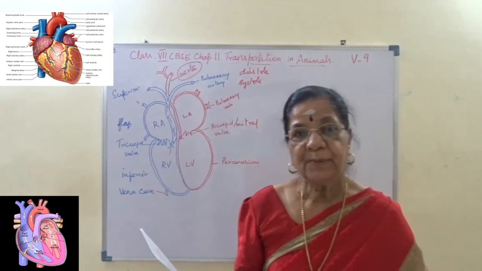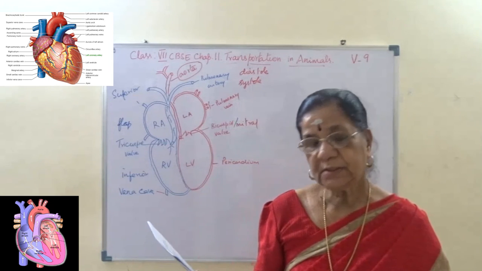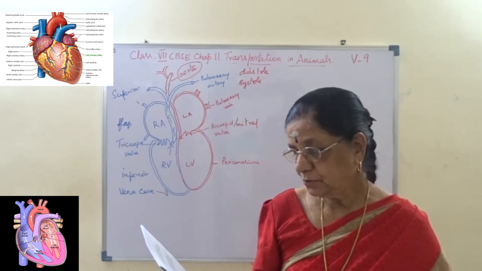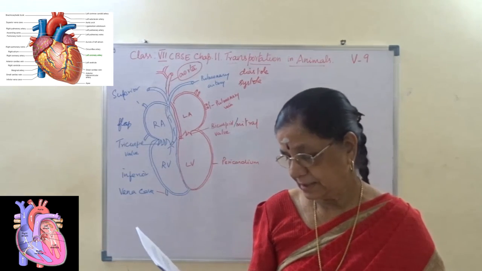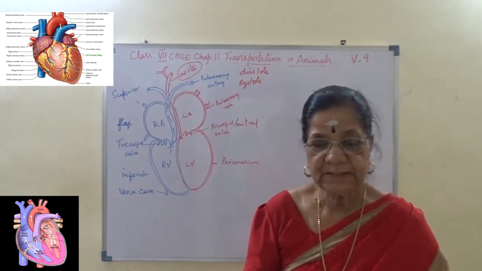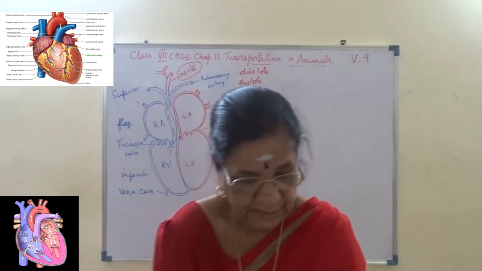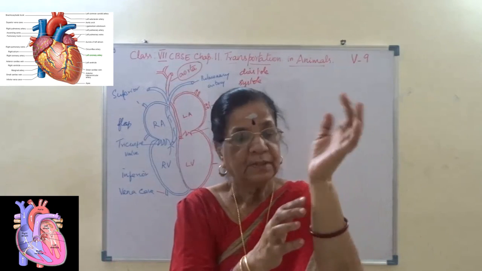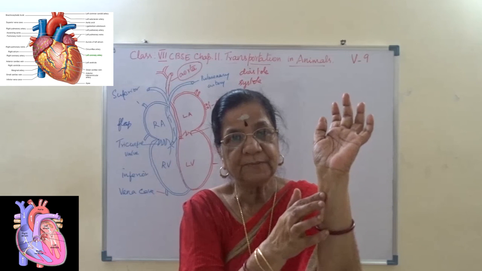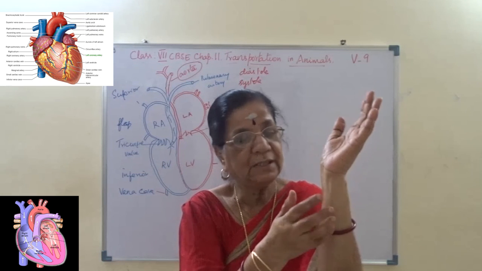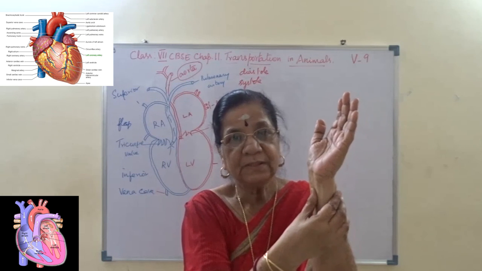It is called pulse rate. The throbbing movement due to blood flowing in the arteries is called pulse.